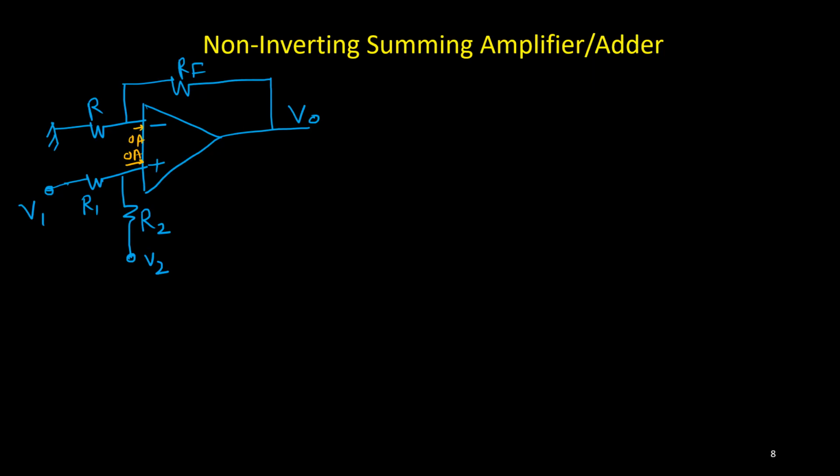So there are two elements, and one thing I told you is that I will discuss the superposition principle in the inverting case. That also you can see. It's very simple to see this inverting summing amplifier if you use the superposition principle. That you can easily analyze.